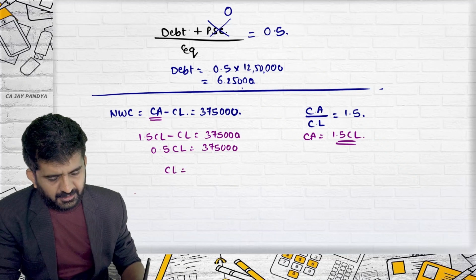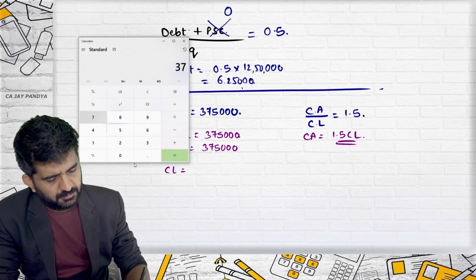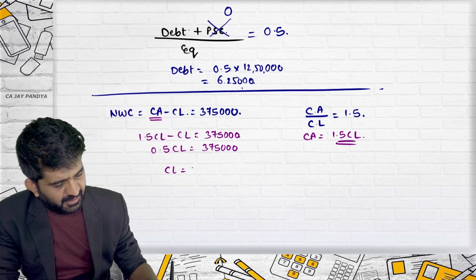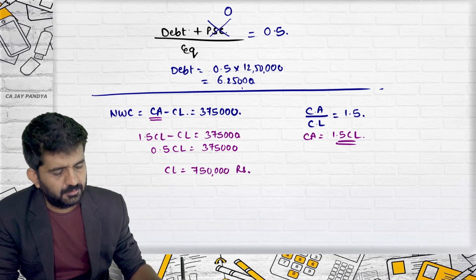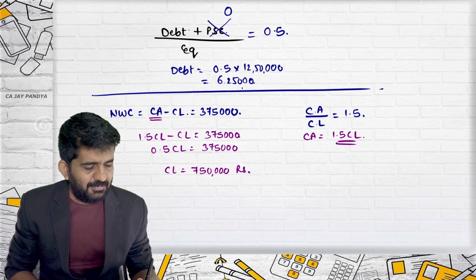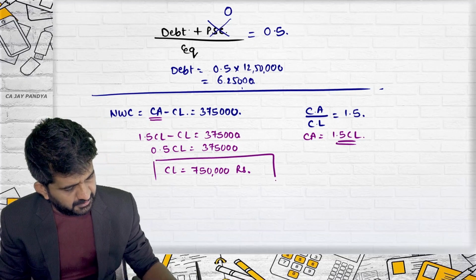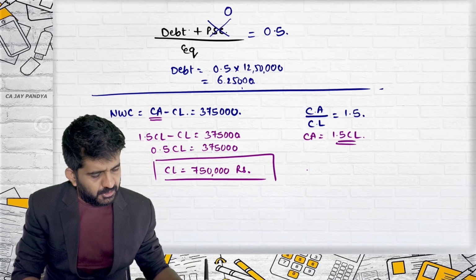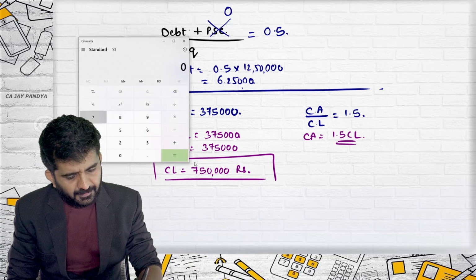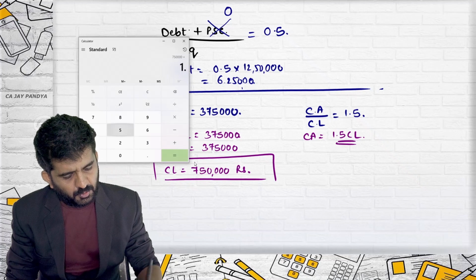Current liability is 3,75,000 divided by 0.5. It is 7,50,000 rupees. If current liability is 7,50,000 rupees, current asset is 1.5 current liability, so current asset will be 7,50,000 into 1.5.